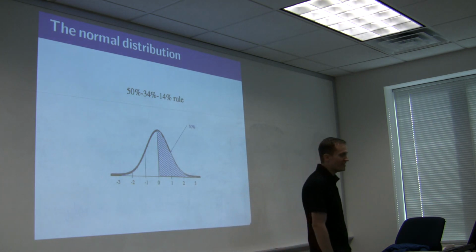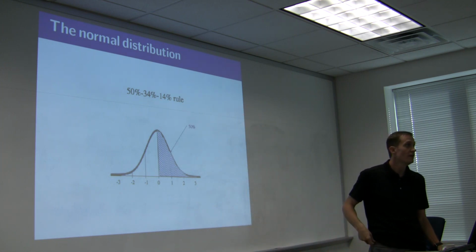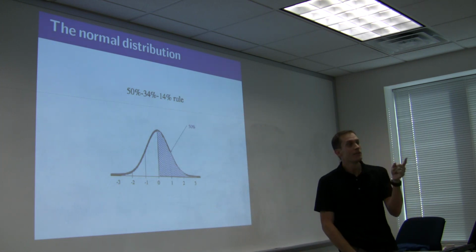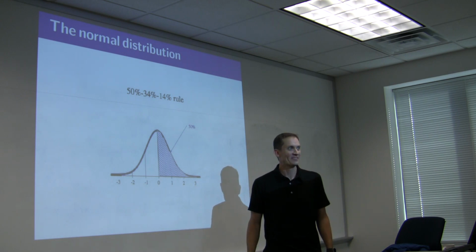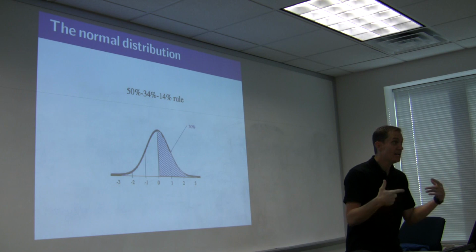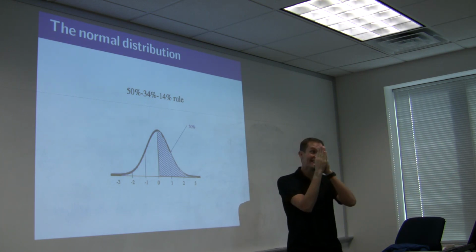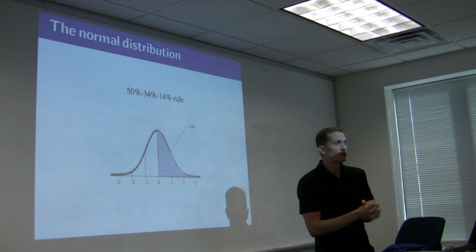This is what we call the standard normal distribution. Even though it says in that little header up there, the normal distribution, there are infinitely many normal distributions. Take any mean, any standard deviation, you can get a normal distribution around it. But this is the standard normal distribution.